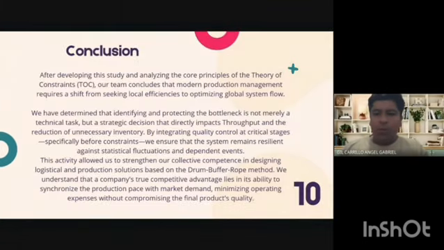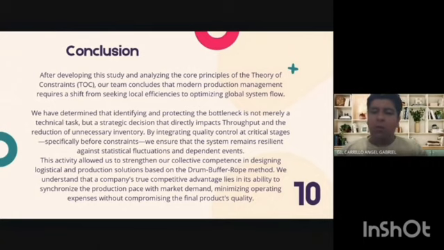In summary, quality in TOC is not just a technical standard, but a flow strategy. We have seen that an error at the bottleneck doesn't just cost raw materials. It costs the profitability of the entire plant. The key is to reduce batch size to detect failures early and lower inventory levels, which makes quality issues visible immediately.